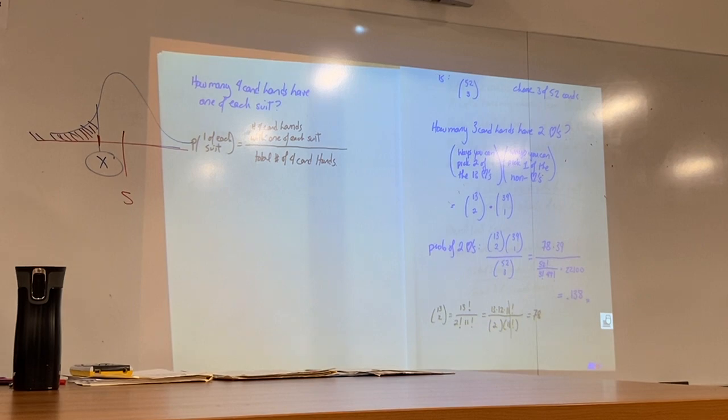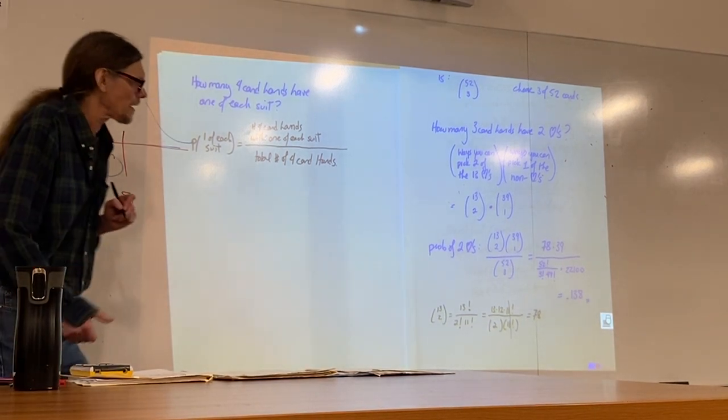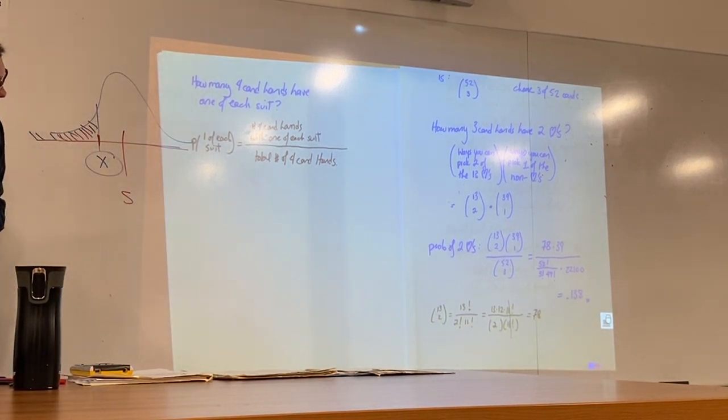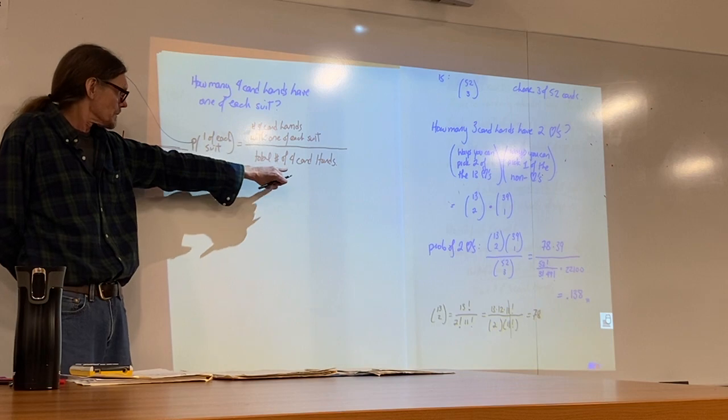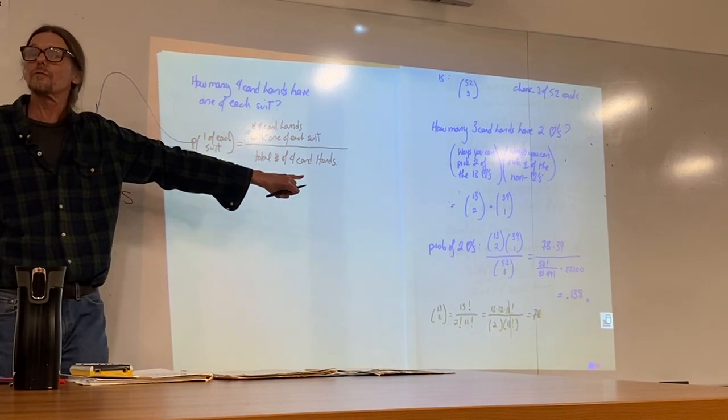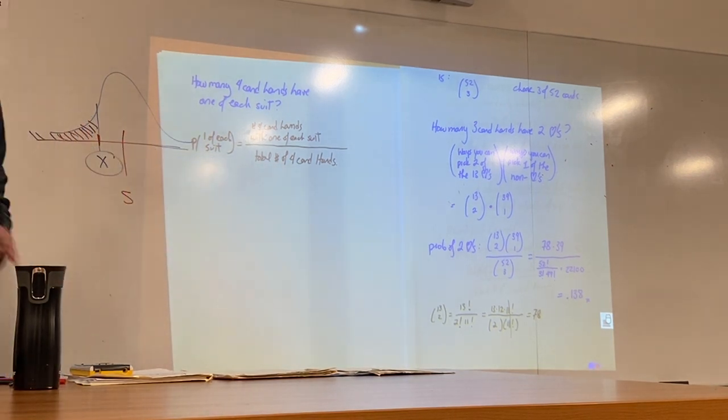So how about that numerator? The denominator, if you liked that first example, you would readily say, if there are 52 cards, there must be 52 choose 4 hands. And the numerator would be 13 choose 1 times 4?